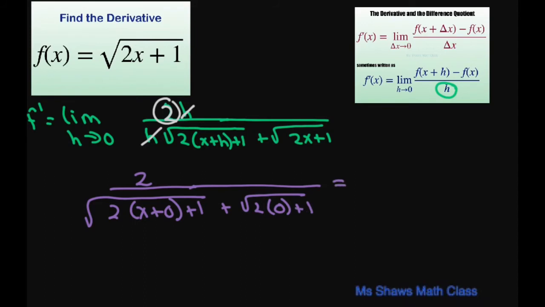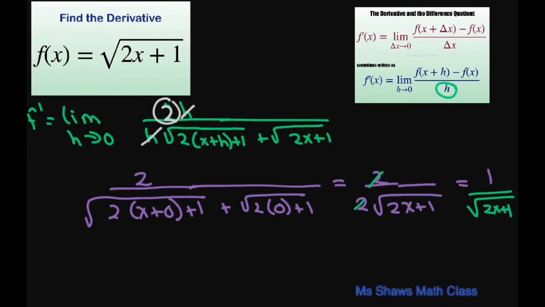Hmm, I mean the square root of 2x plus 1 again. This is going to give you 2 divided by 2 times the square root of 2x plus 1. All right, this equals, because the 2's will cancel, 1 divided by the square root of 2x plus 1.